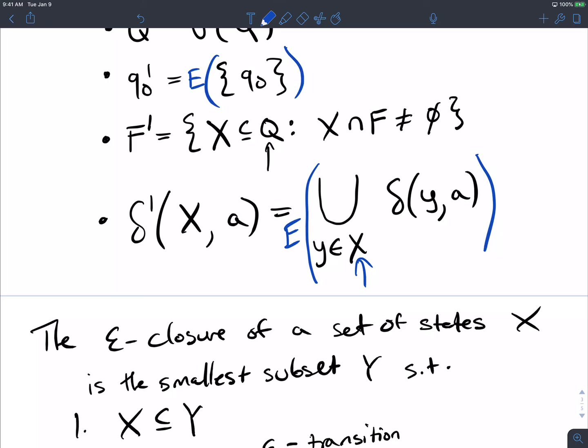I'm saying we have a set of states X and we apply epsilon closure, then consume a character, and then apply epsilon closure again. Okay, so what I think you're saying is this. Yeah, there's actually no difference here. So this is asking, apply a transition, figure out where you can go here.